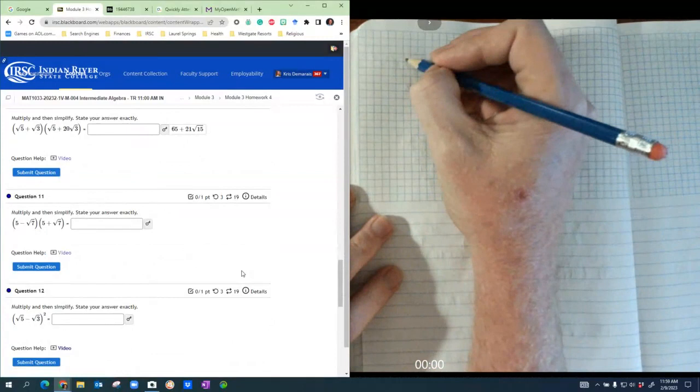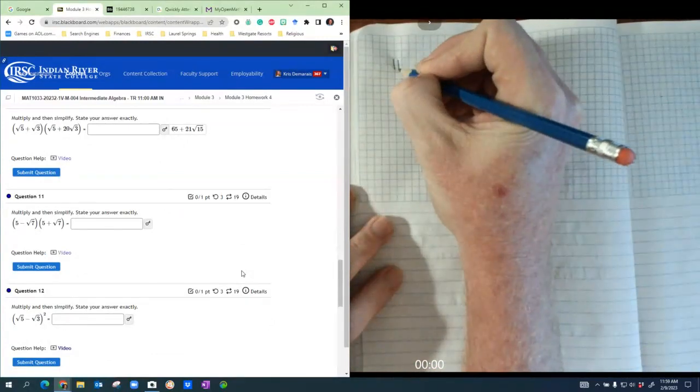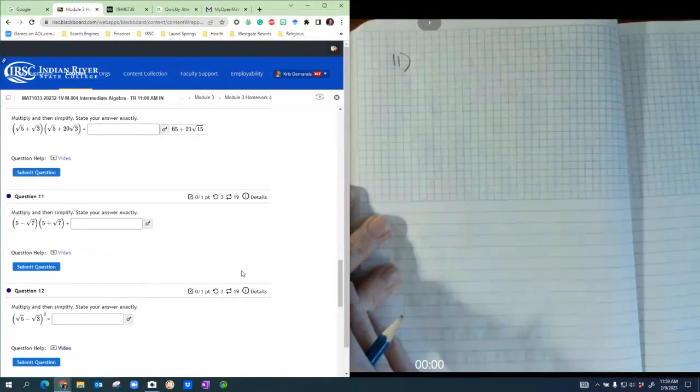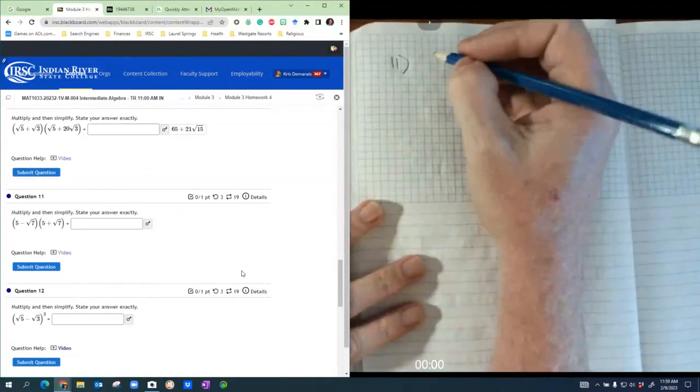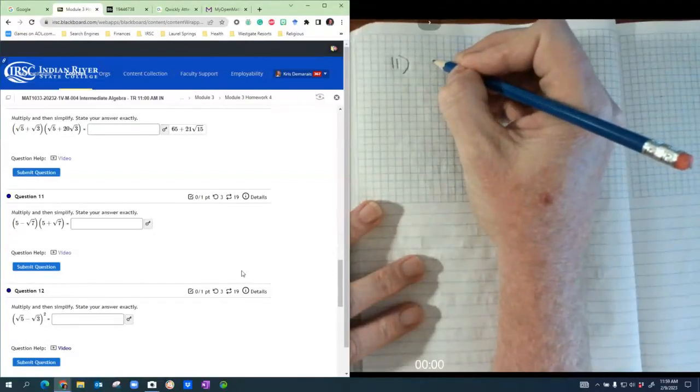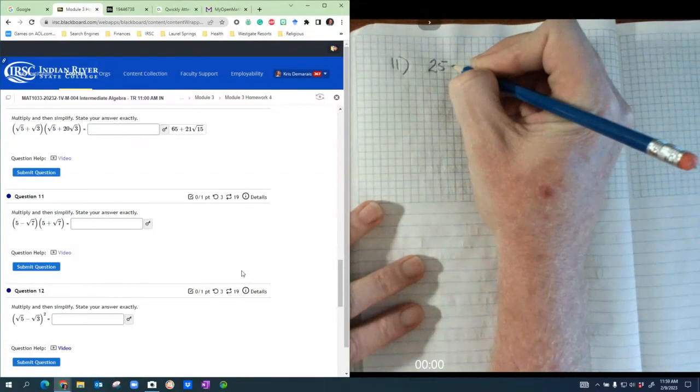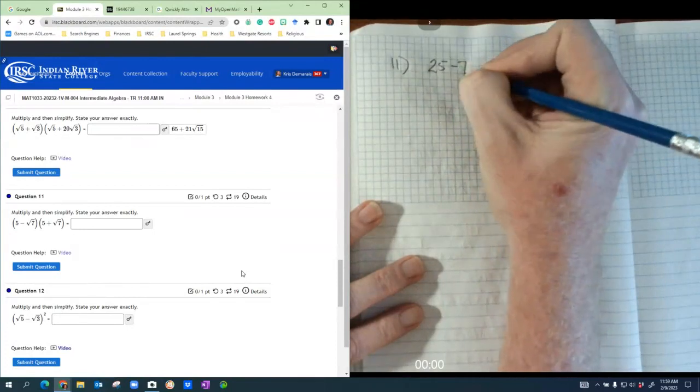Now, with number 11, this is the difference between two squares. And because it's the difference of two squares, I'm going to practice it. My answer is 25, minus 7.